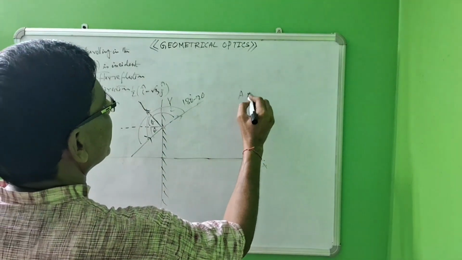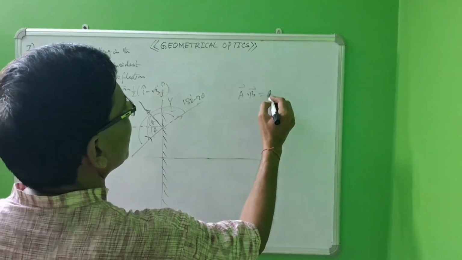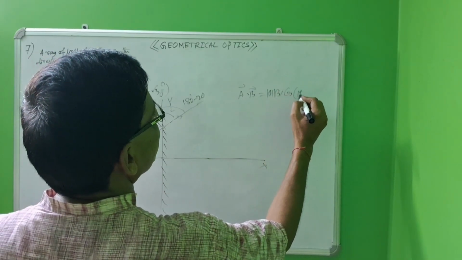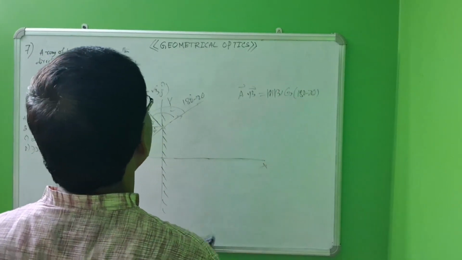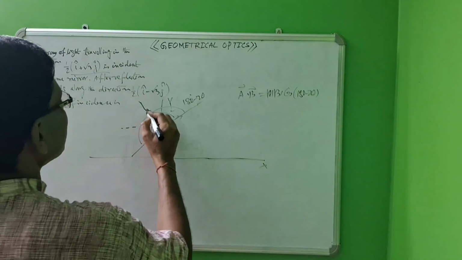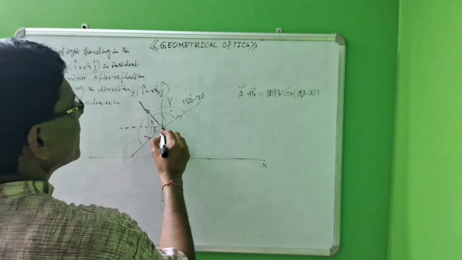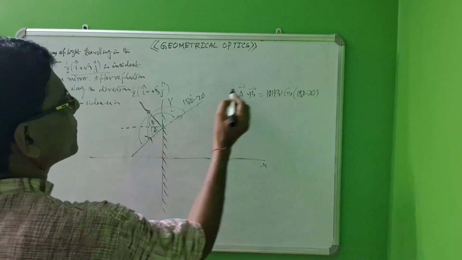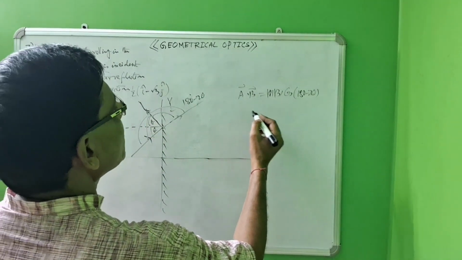So A dot B is AB cos of 180 minus 2 theta. We apply this to this vector, taking it from this point to this point.